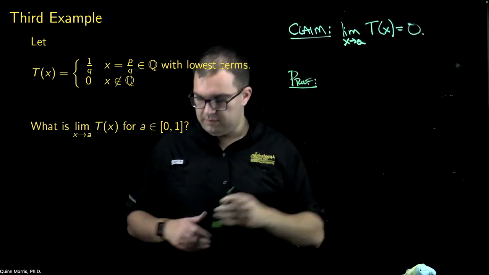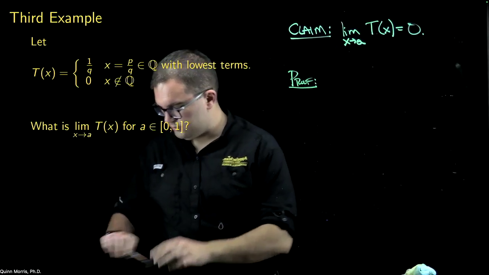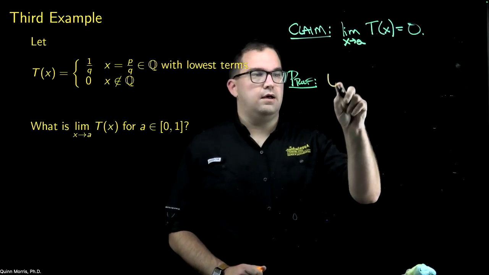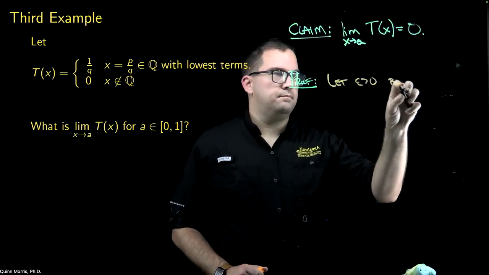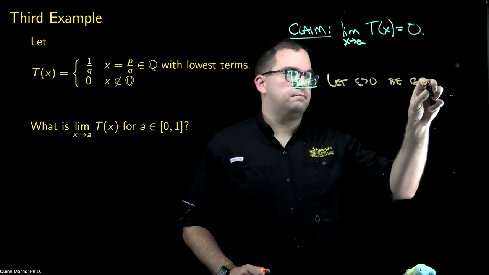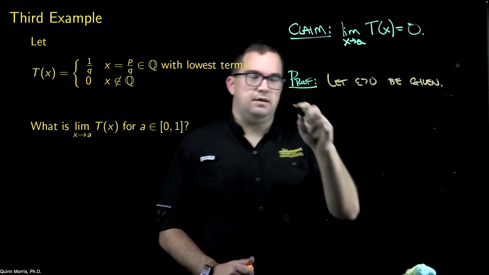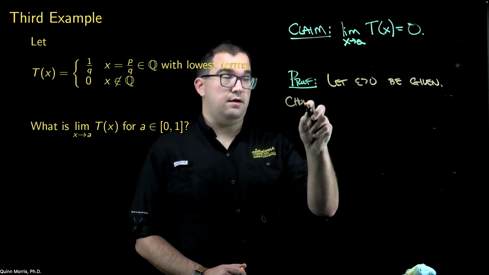Maybe I'll switch back to this orange marker. So let's take epsilon greater than 0. I'm going to need to choose a delta somehow.